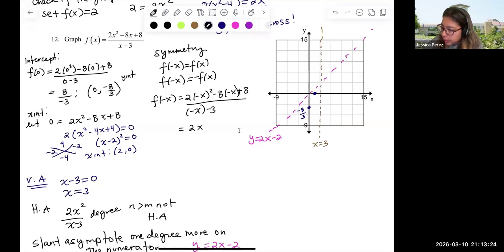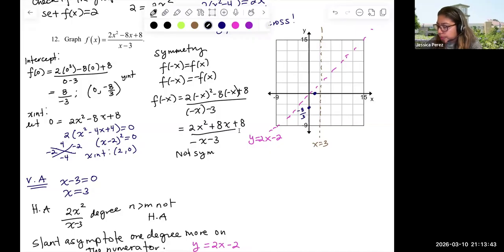That's 2x squared plus 8x plus 8 over negative x minus 3, which is not the same as f of x. So this is not symmetric; it's neither.